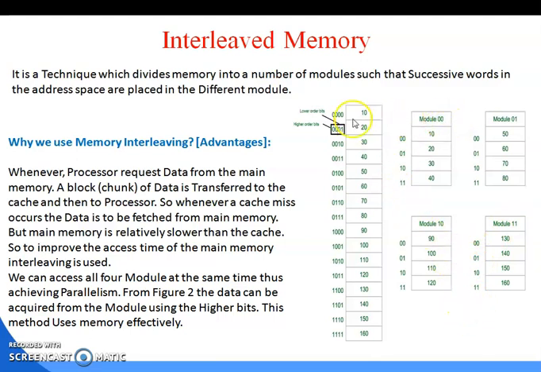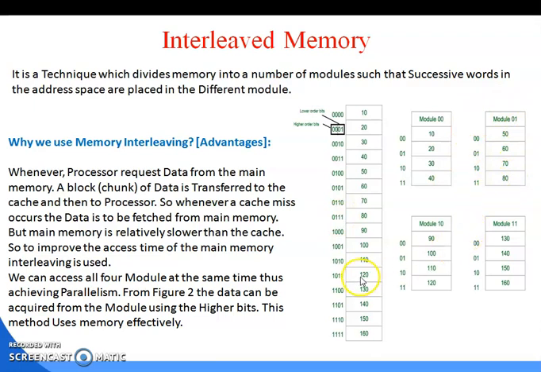That means here, for module 0 0, the higher bits are 0 0, and it goes up to this one. This is the first chunk. Then module 0 1, where the higher bits are 0 1. This is a 4-word chunk.